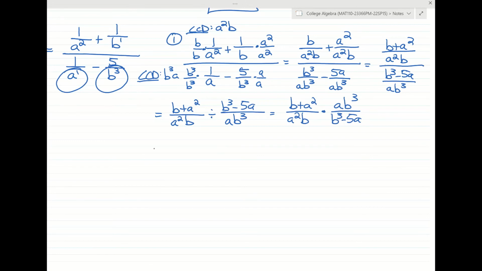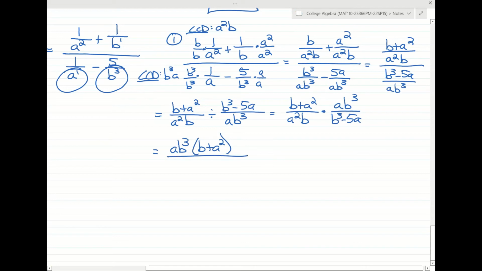Multiplying straight across, we get a b to the third times b plus a squared. And on the bottom, we get a squared b times b to the third minus 5a.